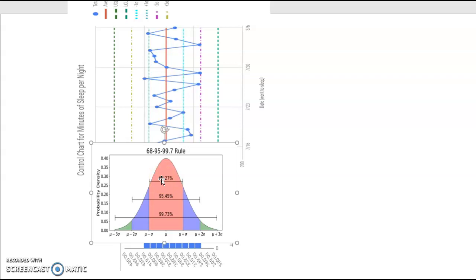So if we know that under normal situations it's following a normal distribution, the pure randomness of the points from day to day or hour to hour, then we can tell how unlikely something might be, and we can start to sense when something out of the ordinary might be going on. In other words, these special causes of variation.